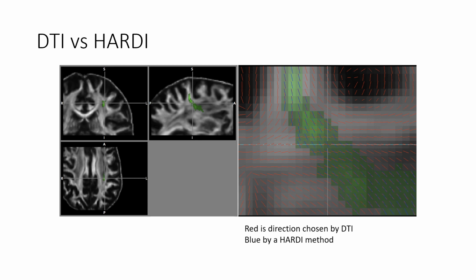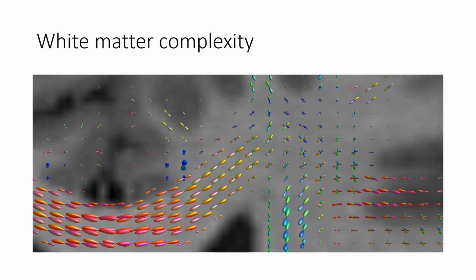So what the Hardy method is, it allows us to see crossing fibers. We'll skip over this quickly. But that same area in the brain, so here's corpus callosum. Again, we have these very linear models, but as we're getting out here, we start to see all of these crossing fibers. And so we can have low FA in that region. FA, remember, is based off of diffusion tensor imaging, and it doesn't really allow us to look at crossing fibers.